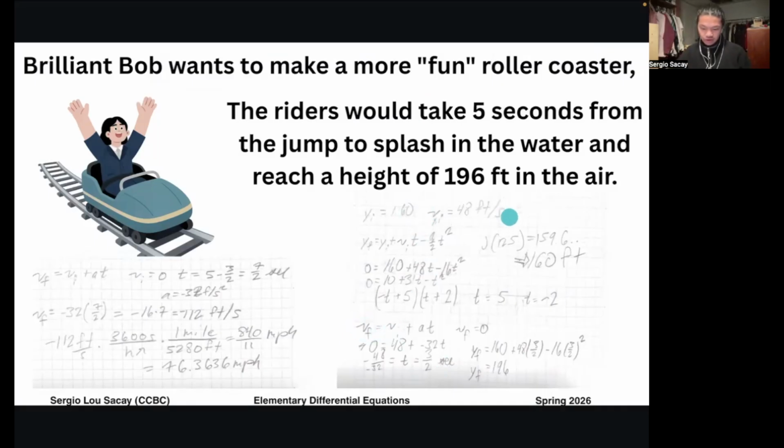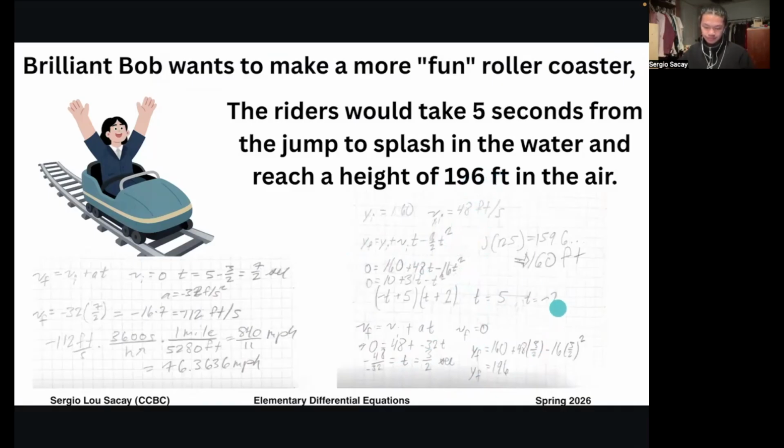The initial velocity is 48 feet per second, and the acceleration is minus 32 feet per second squared. I should have mentioned that here. Solving for t, you get 3.5 seconds for the passengers to reach the height of their trajectory. And then we can plug that back into our kinematic equation to find their final height, and we find that to be 196 feet in the air.